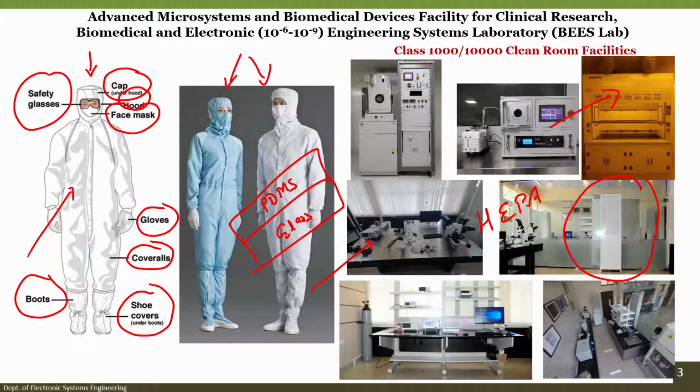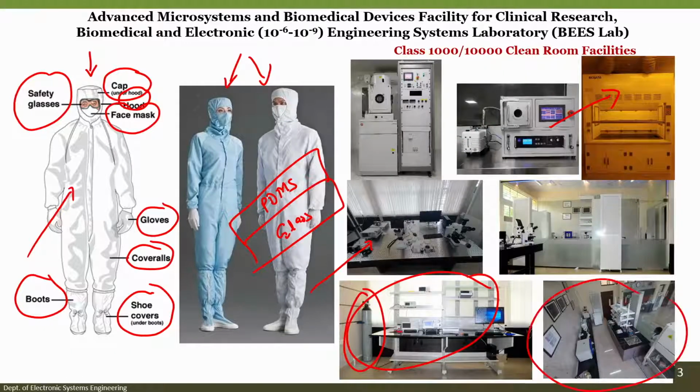Depending on whether it is class 10 or class 100 or class 1000 or class 10,000, the number of HEPA filters would increase. This is a workbench, and you can see here there is a nitrogen cylinder. Finally, this is the science side of the lab, where we can do a lot of experiments.